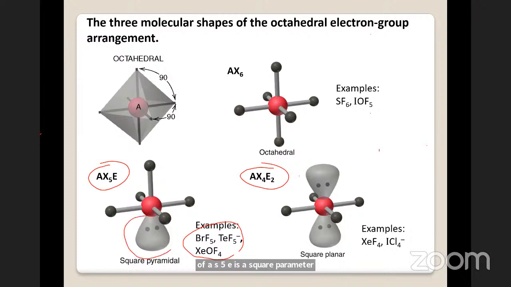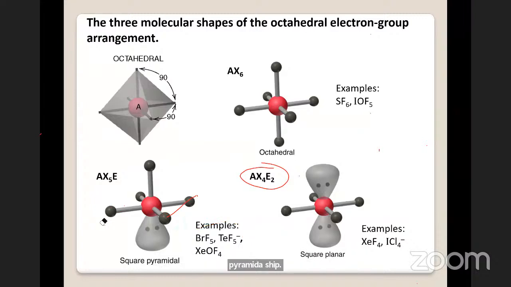So you have your lone pair there. So you now have a square base and a pyramid from the square. So you have a square pyramidal shape.